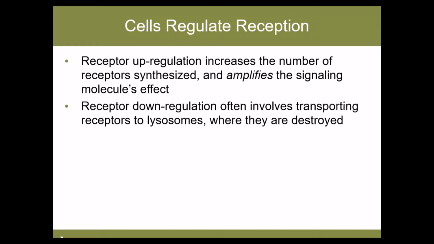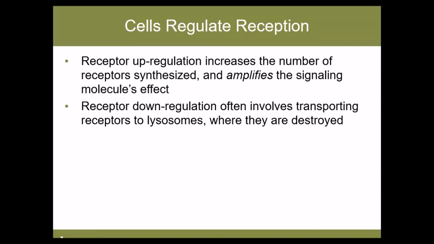Even though you're making the same amount of hormone, you basically make more receptors. And so having more receptors, you generally have an abundance of hormone, a higher amount than you would actually be able to use. So if you have more receptors, that allows you to amplify the signal without having to make more hormones or more chemicals.